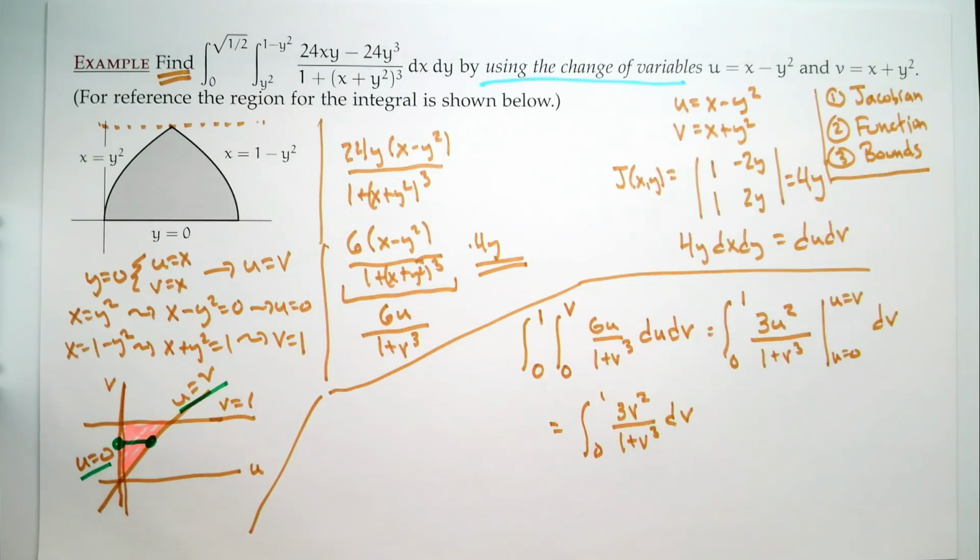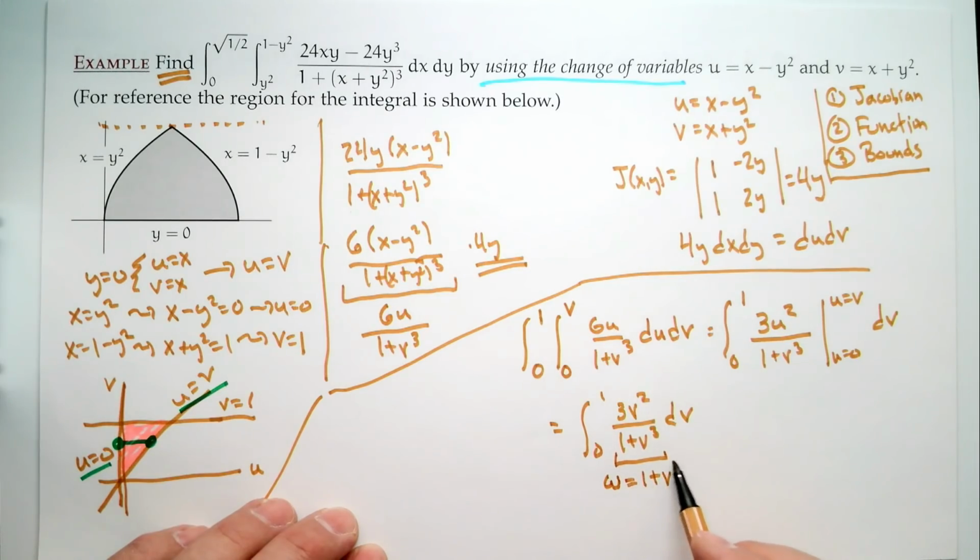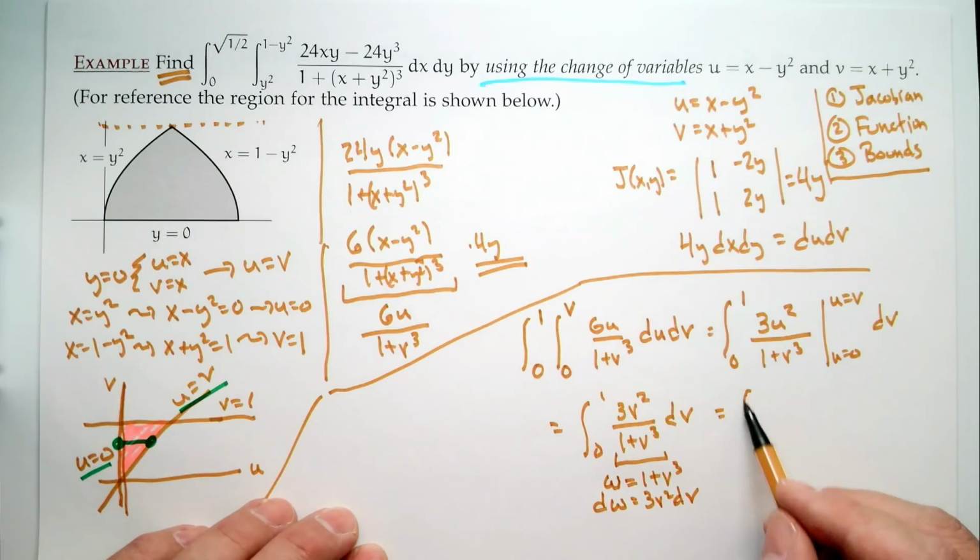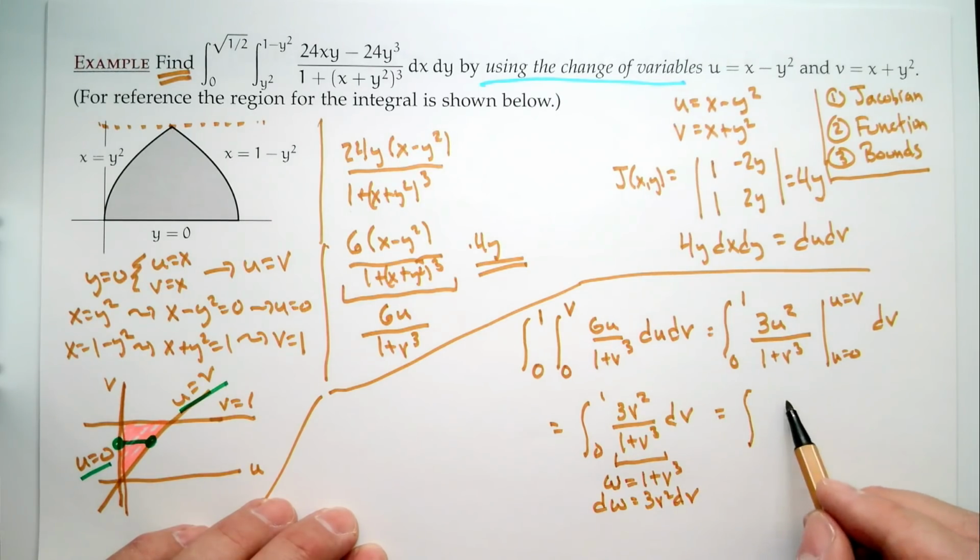So I can make a substitution. I've already used u, so we're going to keep going down the alphabet. Here's our next letter, w. If I set that to 1 plus v cubed, then dw is 3v squared. Which means that if we carried out this substitution, this would become dw over w.